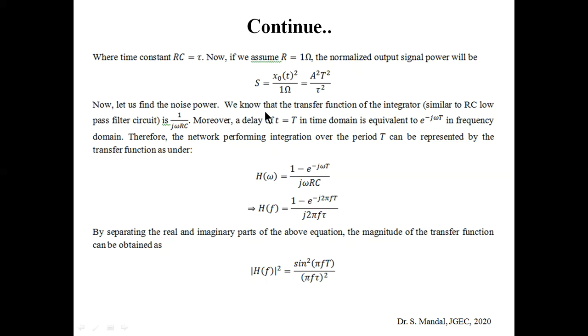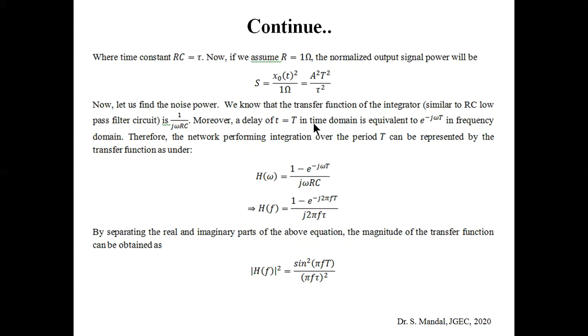So we know that the transfer function for the integrator is 1 by j omega RC, because it is quite similar to the RC low pass filter circuit. Obviously, as we use a simple RC circuit, there will be a delay of t equal to T seconds in the time domain, because we are making the sample at the end of the bit duration.